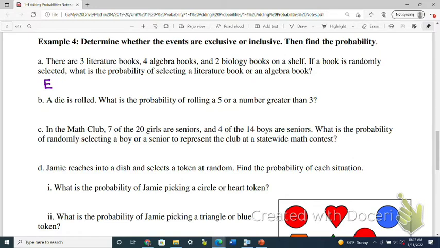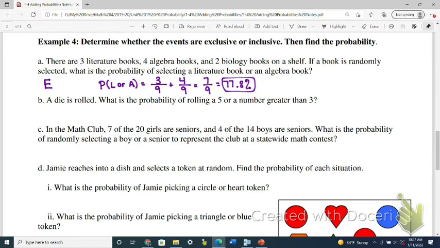So the probability of literature or algebra, I just add them up. There are 9 books total, so it's over 9. 3 are literature, 4 are algebra. So that is 77.8%.